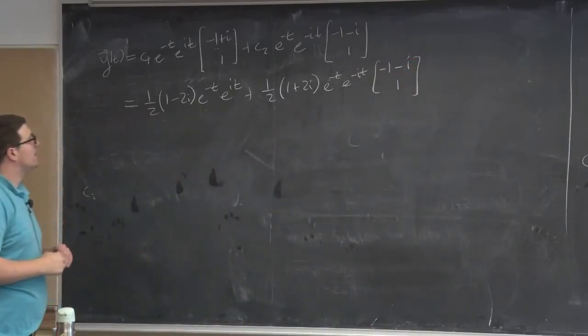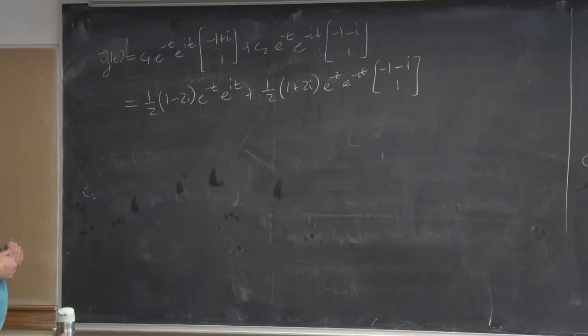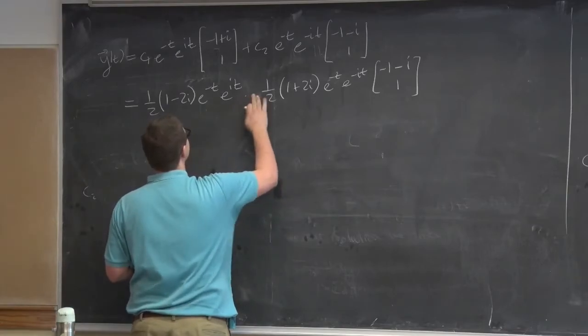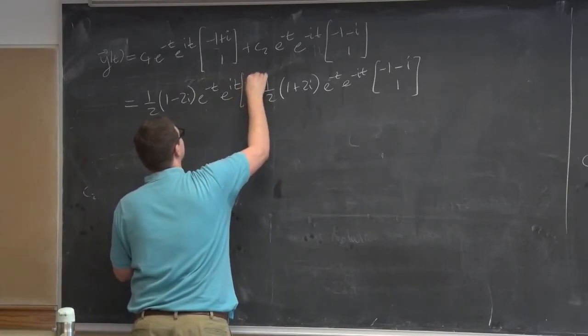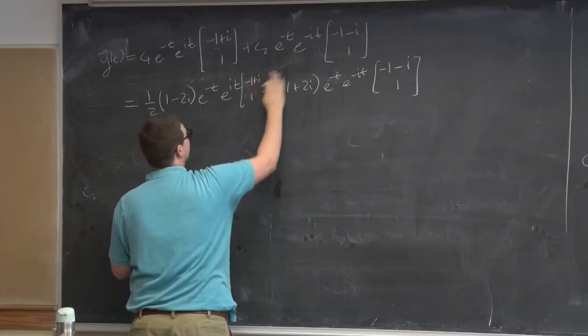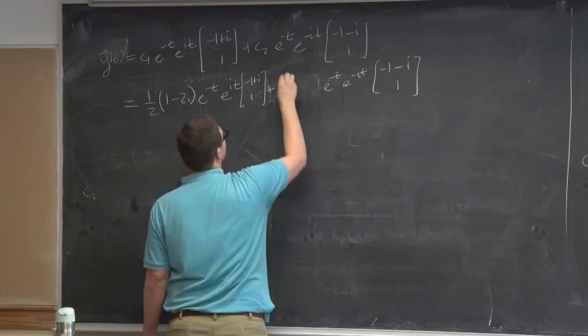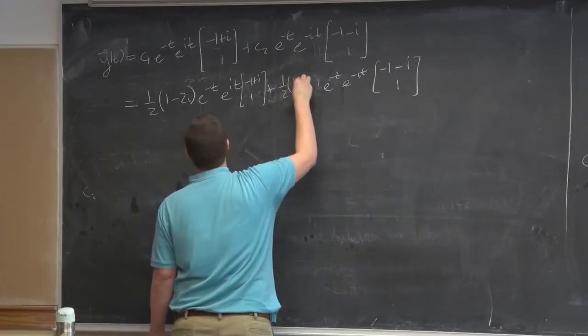Oh, wait, I forgot something big. Let me cram this in here. Plus, what is it, 1/2 times (1 plus 2i)?